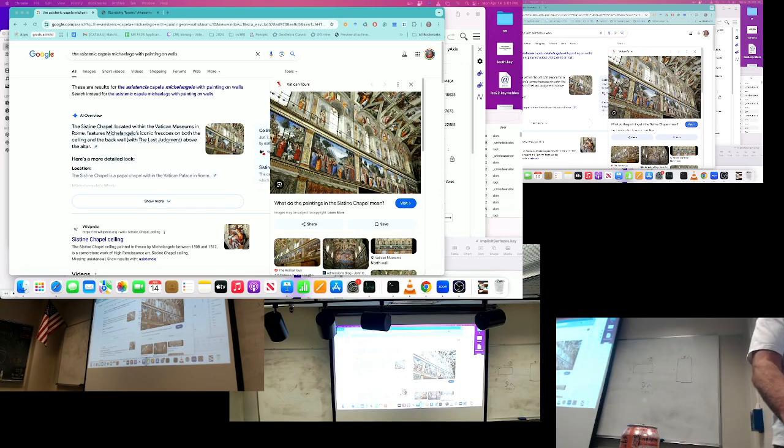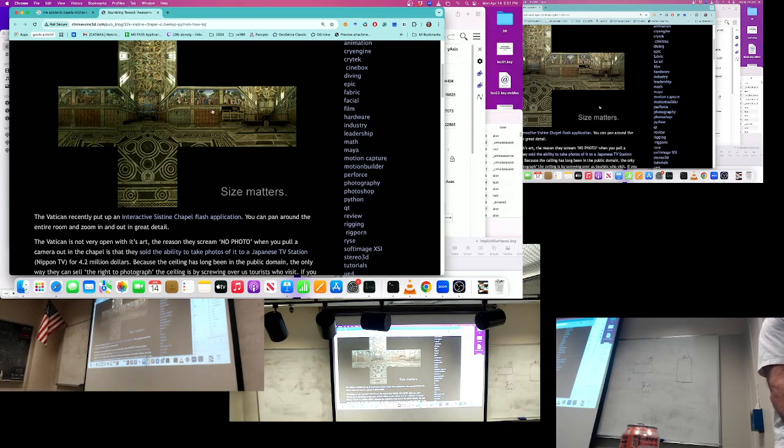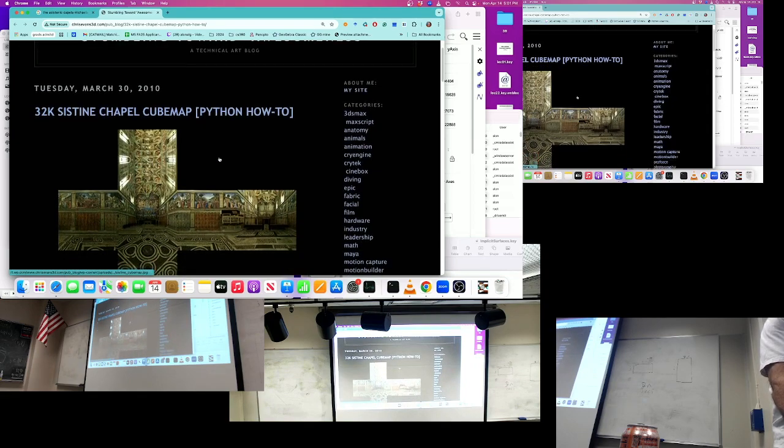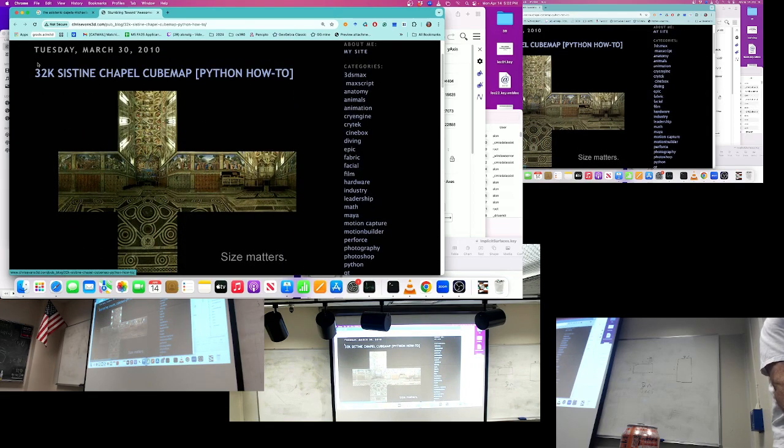An example where you can download stunning, beautiful box mapping is coming from... I'd butcher it if I try to say it, but you can get the Sistine Chapel already, if you want.